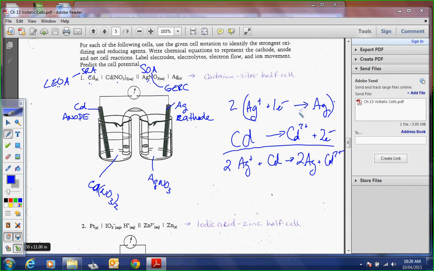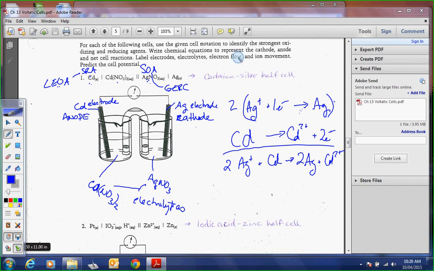Then it asks you to label the electrodes. So this is the silver electrode, and this is the cadmium electrode. And label the electrolytes. These two are my electrolytes.